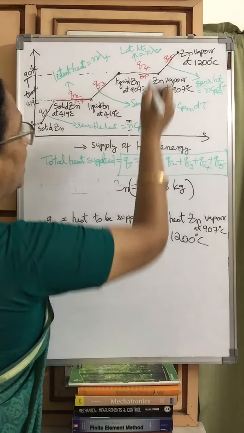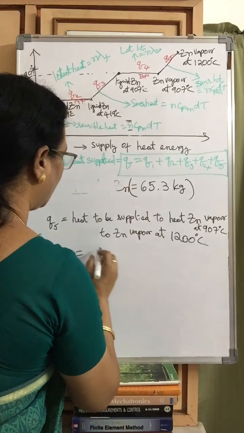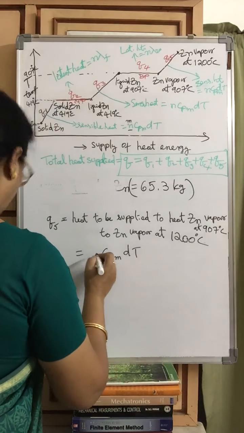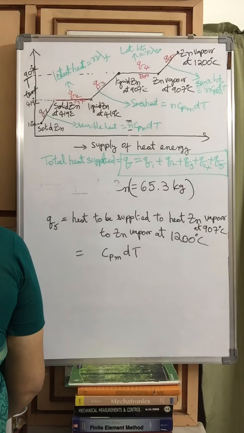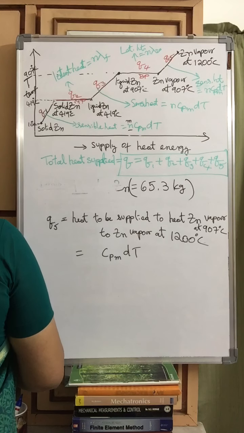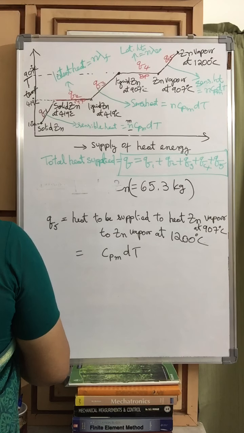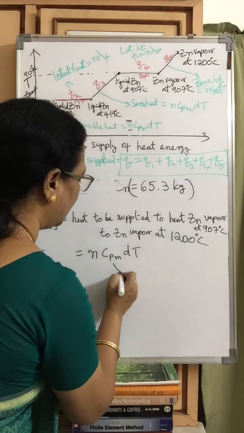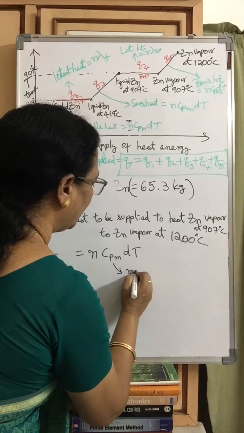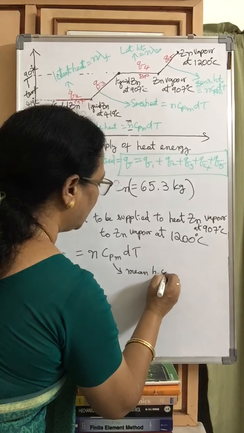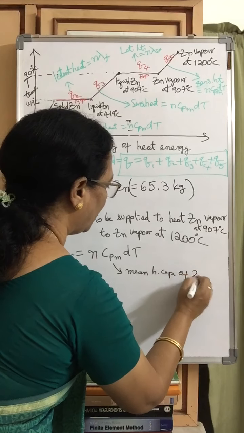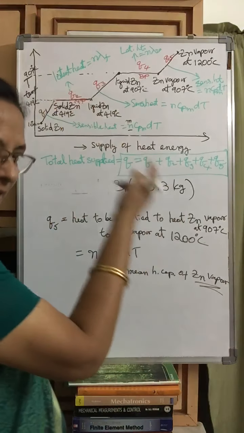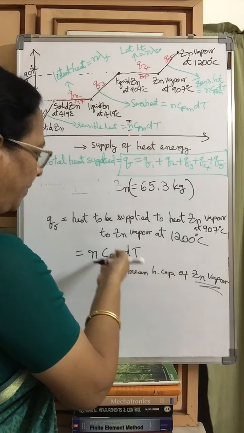So what is the sensible heat calculation? N CPM dt, where N depends upon the CPM unit. What is given, we will see. Heat capacity per kilomole is given, so we will take N. It is given as the mean heat capacity of zinc vapor, per kilomole.